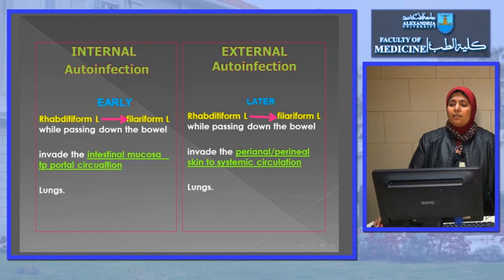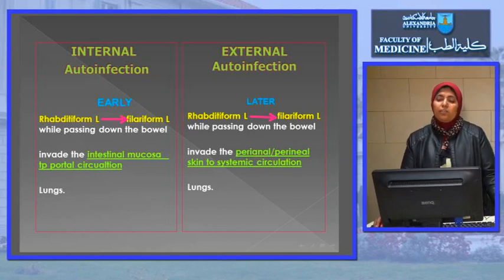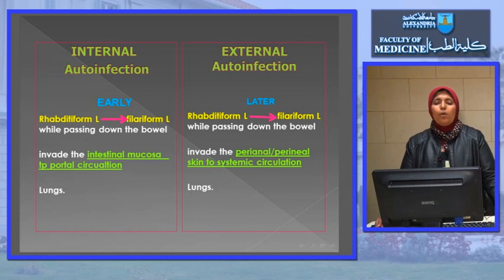That's why once changed at this level, the filariform larvae will jump and penetrate this skin into the systemic circulation. But anyway, both external and internal autoinfections will lead to the same fate.